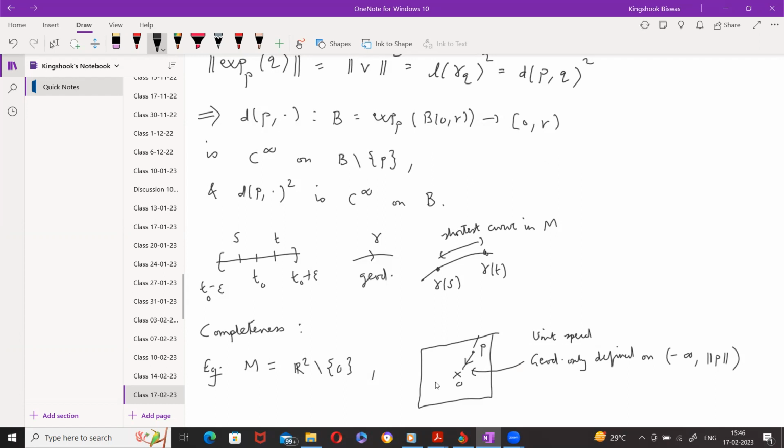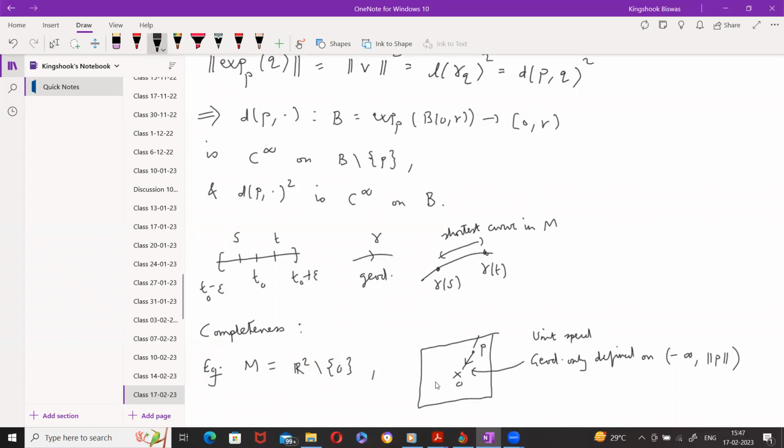So you can see that in this case, what happens is, as a metric space with the induced metric, this manifold is incomplete, right? And that is causing the problem, because of the incompleteness, you cannot extend geodesics further, right?